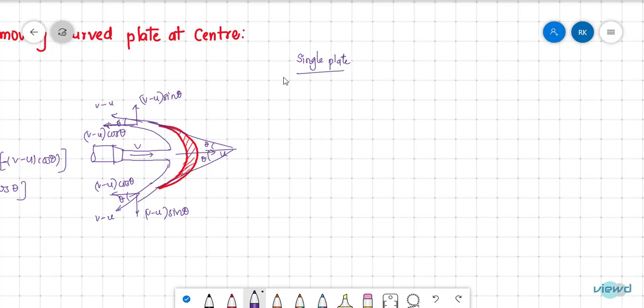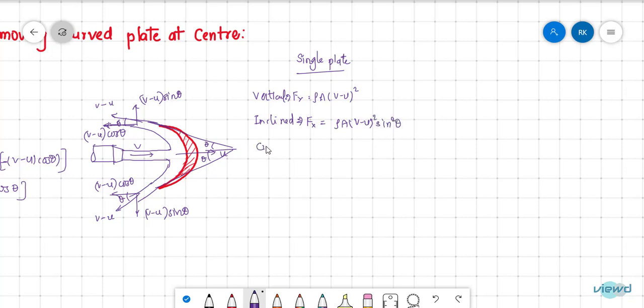Then these are the formulas. The first one, for the vertical plate, is Fx equal to rho a (v minus u) whole square. For the inclined plate, Fx is equal to rho a (v minus u) whole square sine square theta.